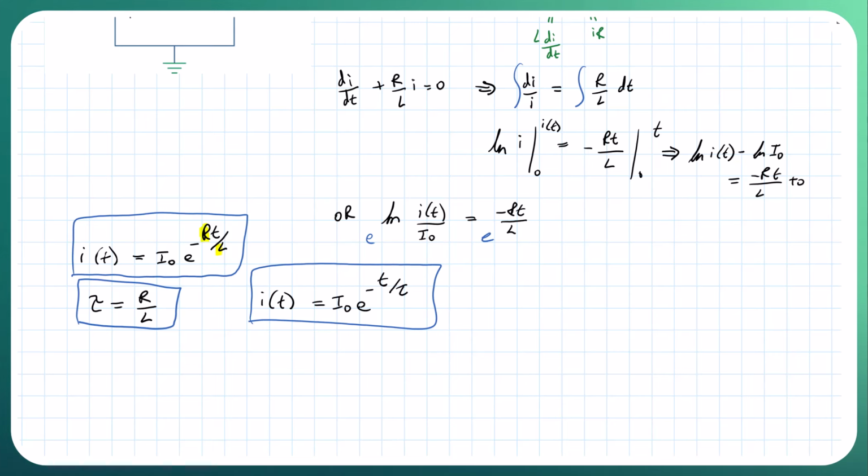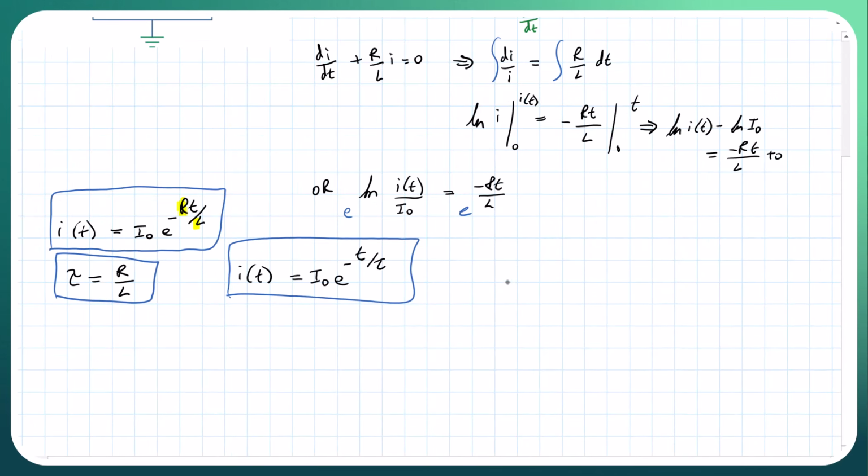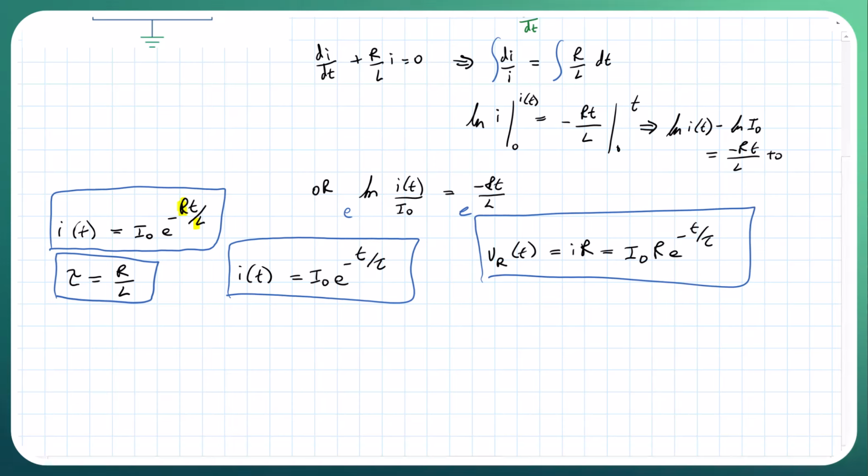Of course, once we find the current through the inductor, we can find the voltage across the resistor. That's just going to be V sub R as a function of time equals iR, which equals I naught R e to the minus t over tau, just a matter of substituting.